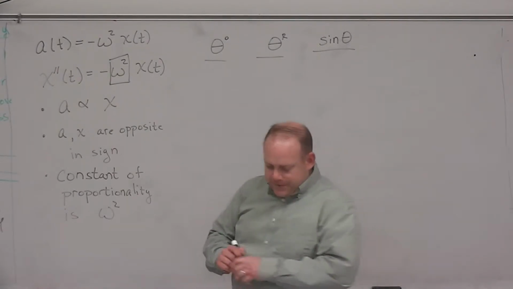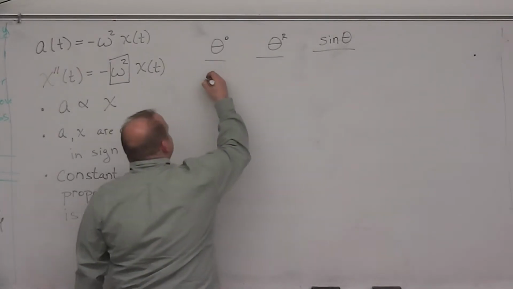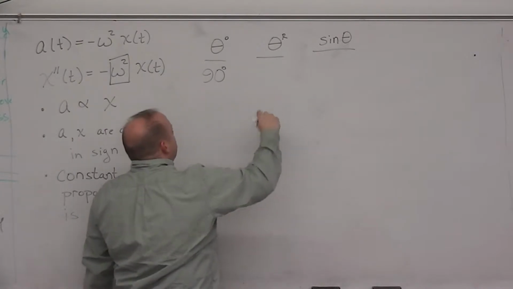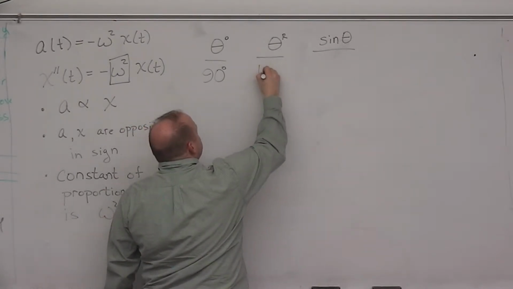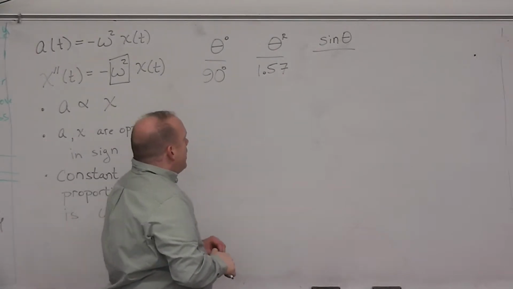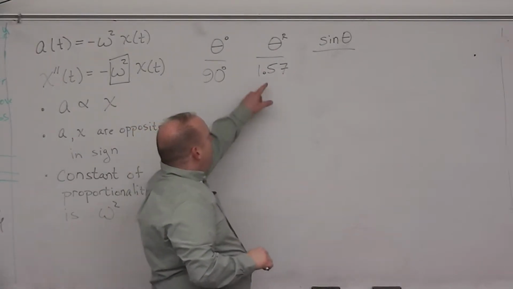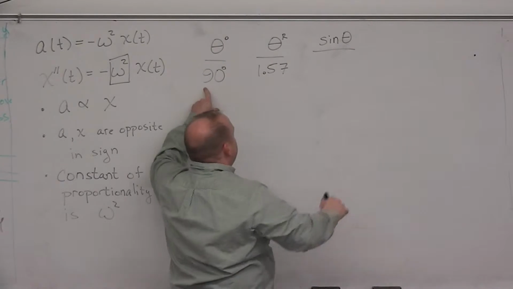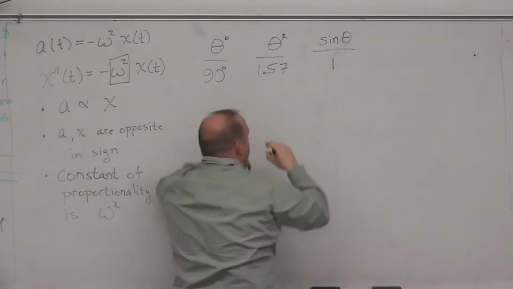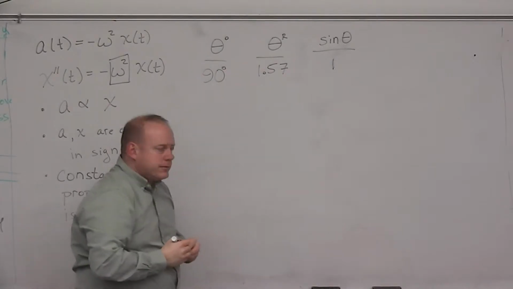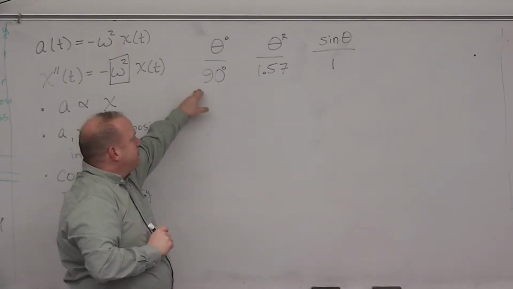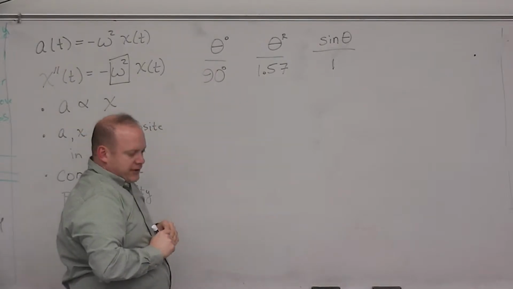So now, if I do 90 degrees, theta in radians is pi over 2, which is 1.57. Now, the sine of pi over 2, or 90 degrees, is equal to 1. Okay, well, that's not very profound. It's true. 90 degrees really doesn't give us anything interesting there.